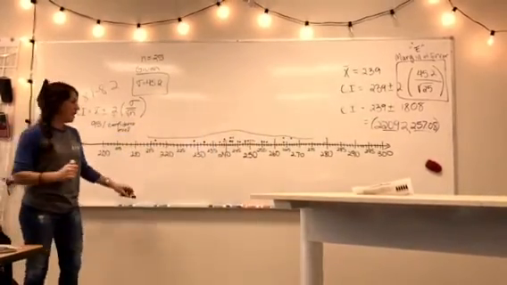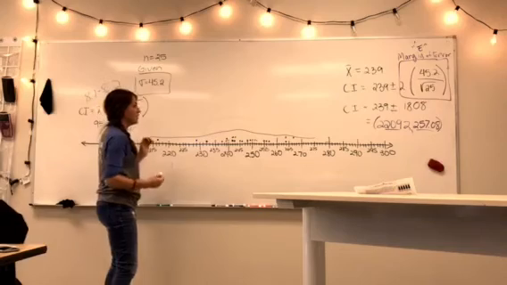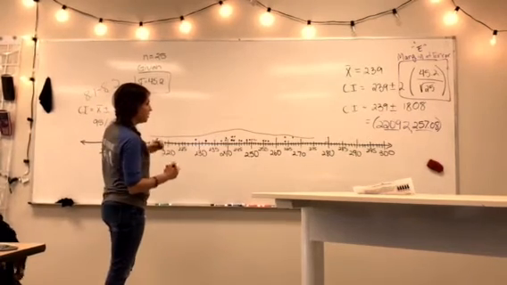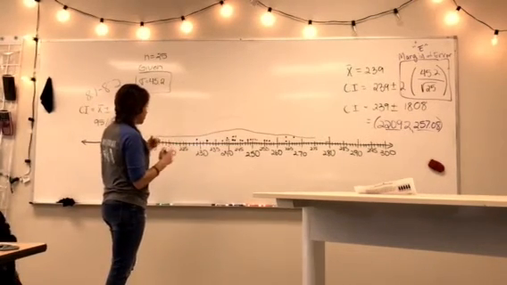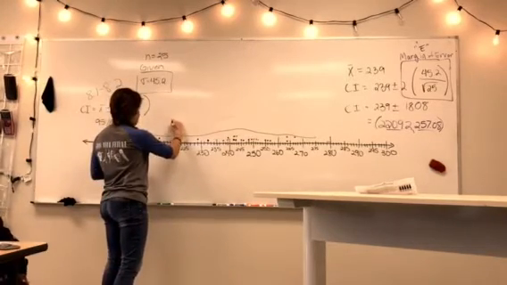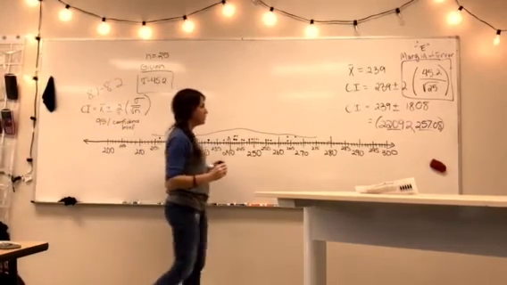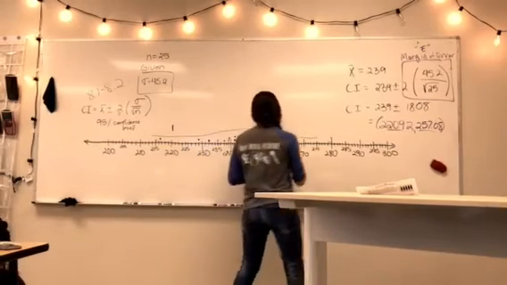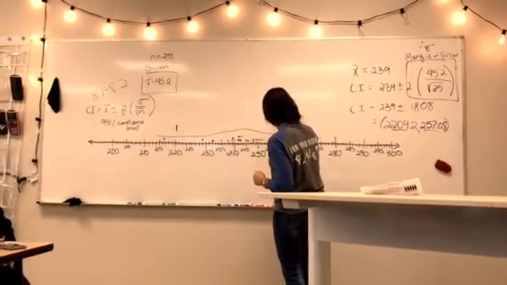So I can actually represent that on this dot plot as well. 220.9, right around 221, what do we write about here? And 257.08, so 257 right around here.